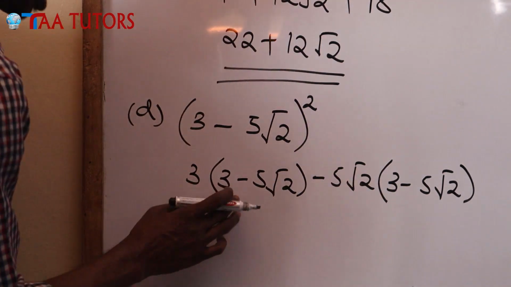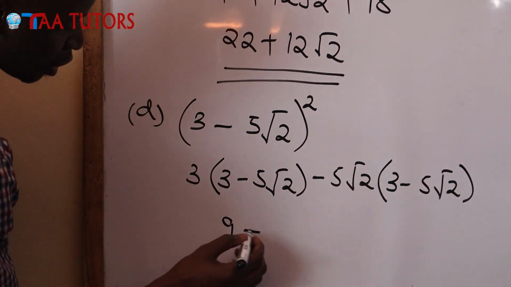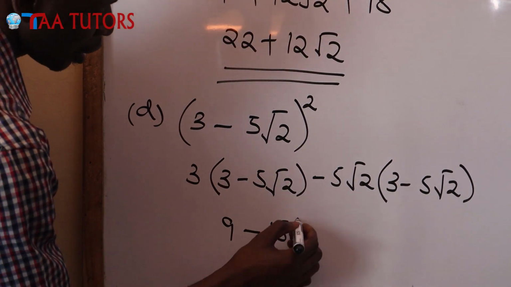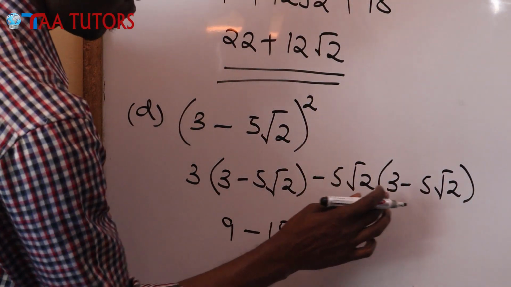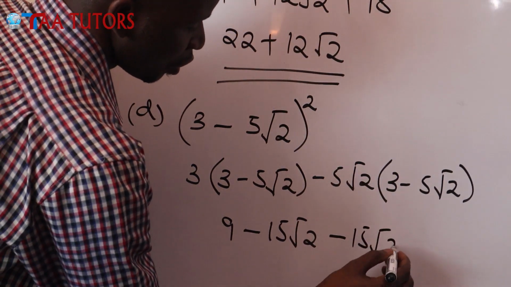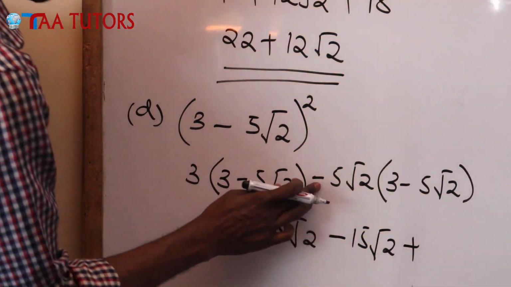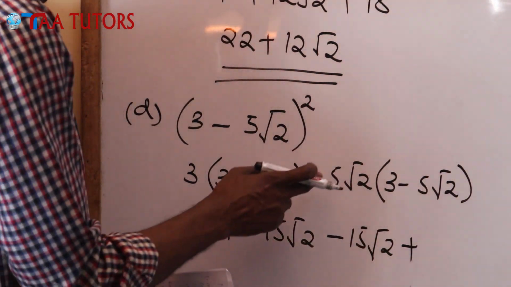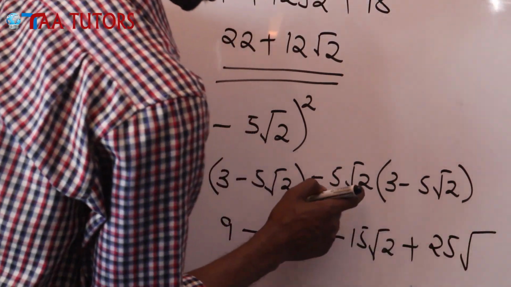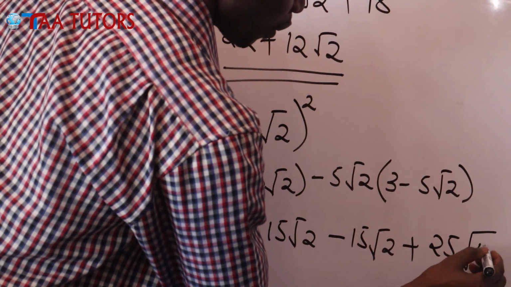So if you open this, we'll get 3 times 3 is 9. 9 minus 5 times 3 is 15 surd 2, minus 5 times 3 is 15 surd 2, plus negative times negative is positive. 5 times 5 is 25, surd 2 times surd 2 is surd 4.